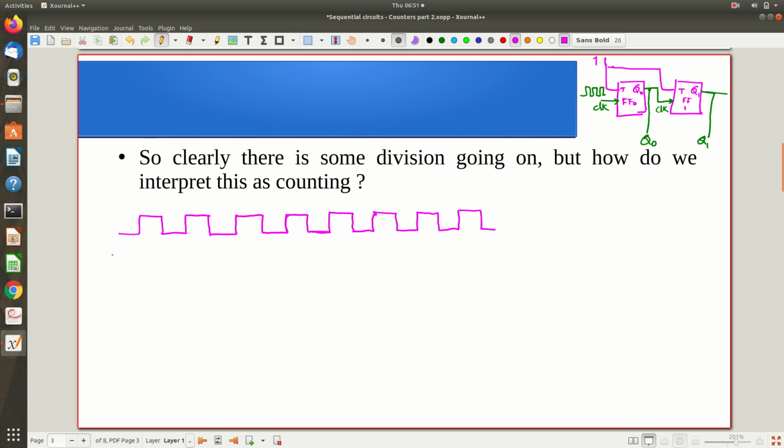Okay, now this is my clock, right? I'm observing what is my Q0. Okay, what is my Q0? You know that by default we assume Q0 is at some low voltage, and during this transition you have to highlight it like this.